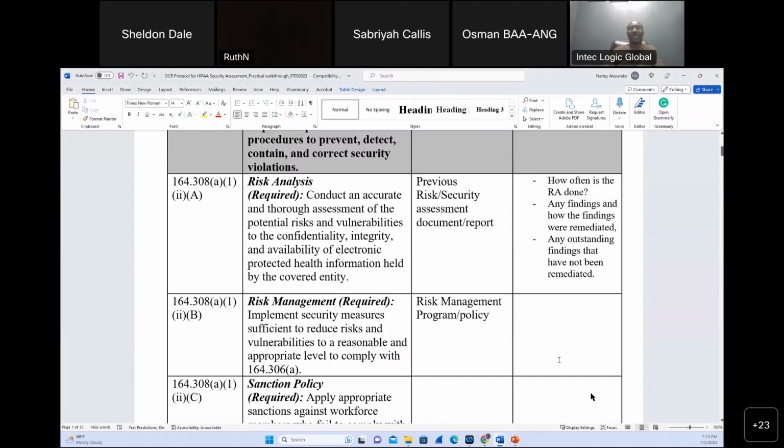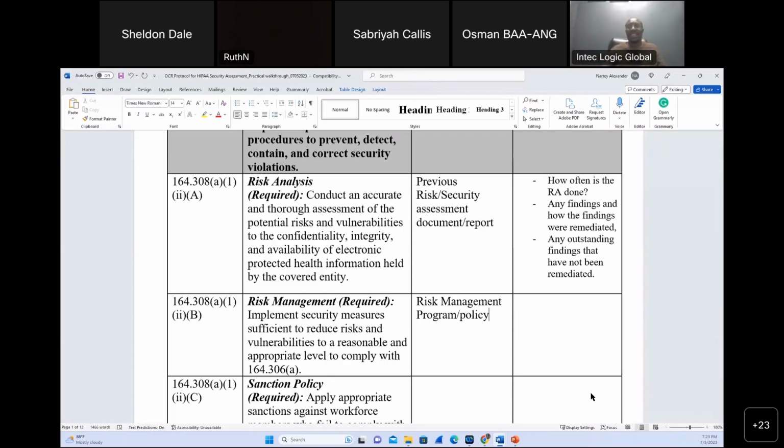It could be a risk management policy, or a risk management program, depending on how they have named it, where management have stated their commitment in managing risk.